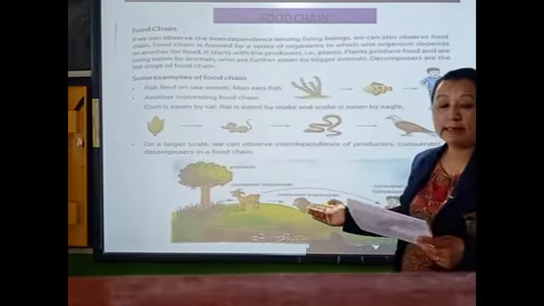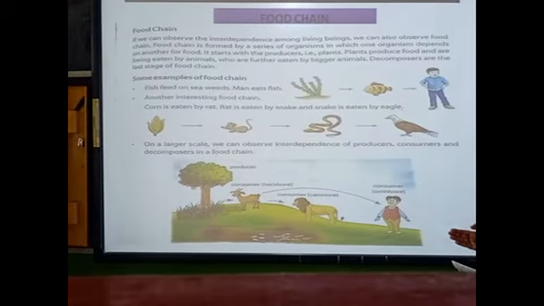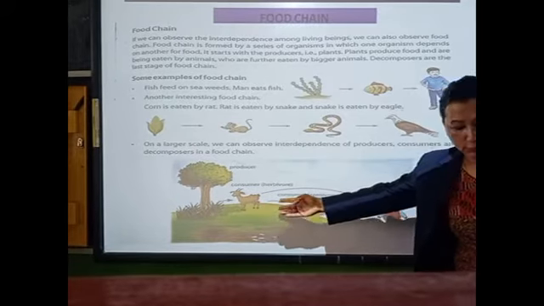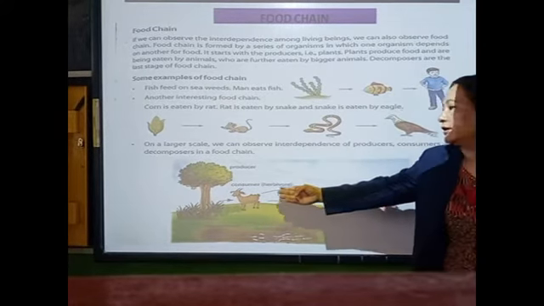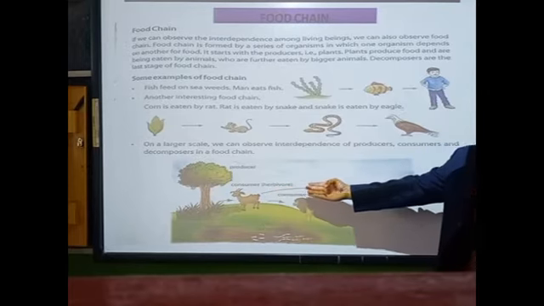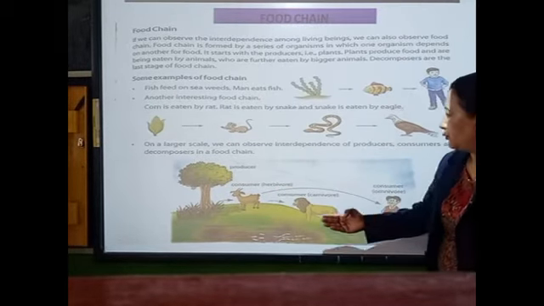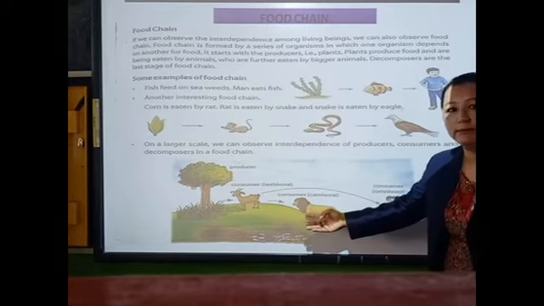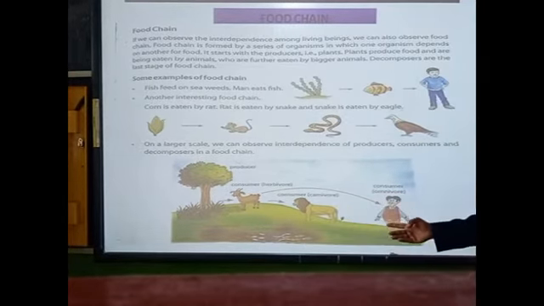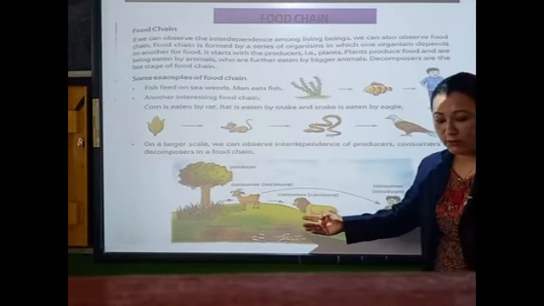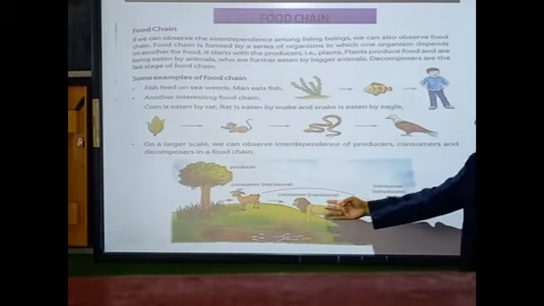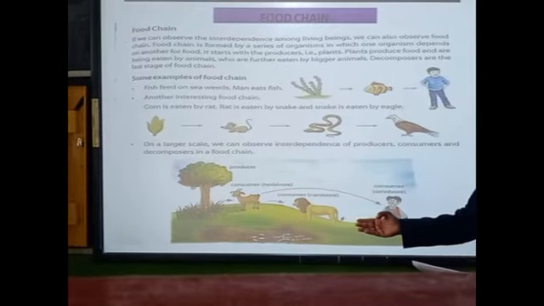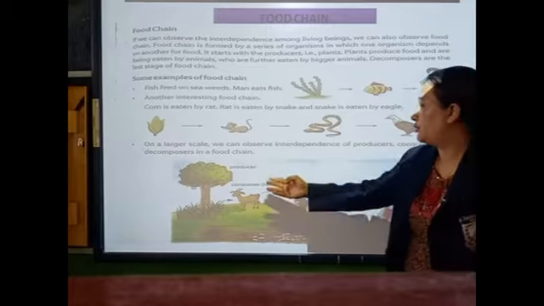The plant is eaten by herbivore, that is goat, which is a primary consumer. The primary consumer, goat, is eaten by lion, which is the secondary consumer, and it is a carnivore.